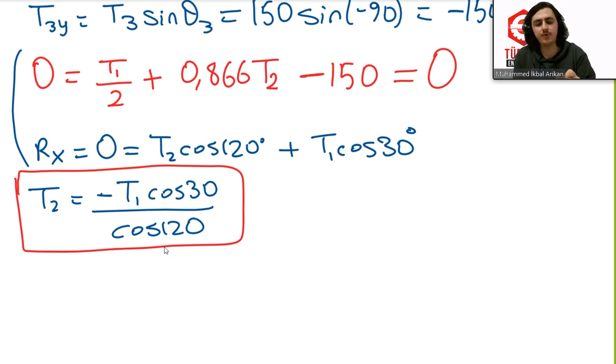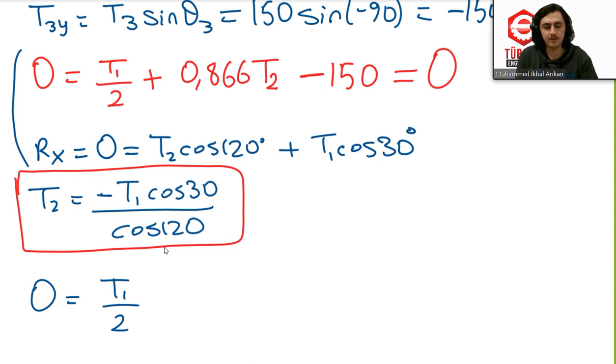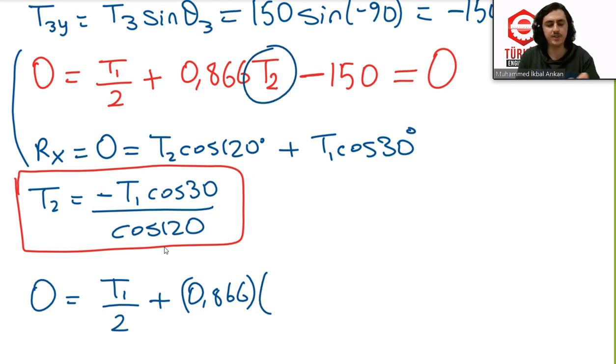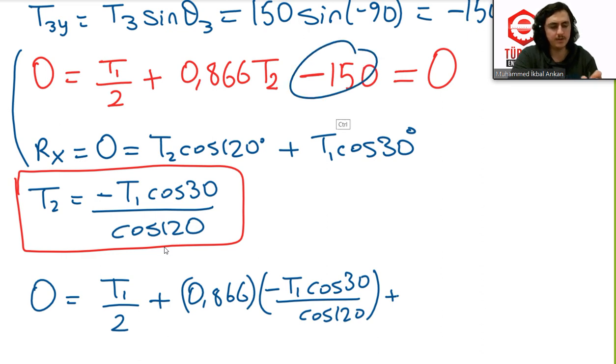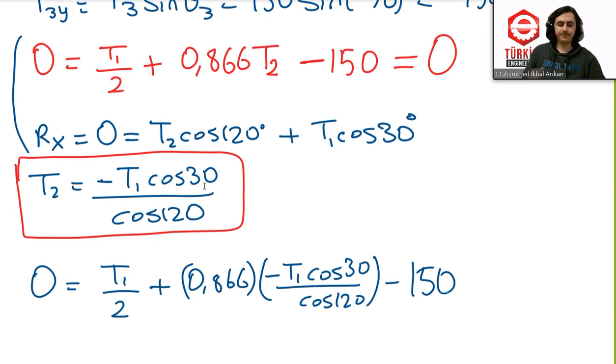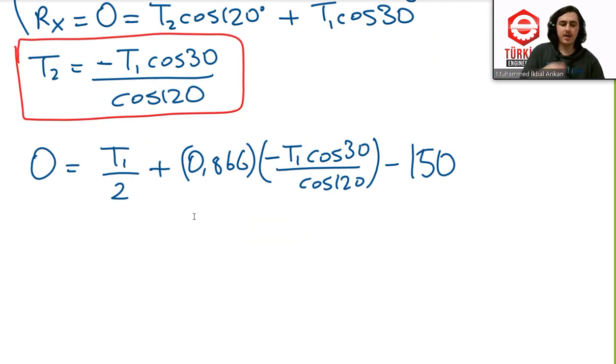So in the second equation, when I see T2, I will put the other one. So 0 will be equal to T1 divided by 2 plus 0.866 multiplied by T2, which is equal to this one, right? So minus T1 cosine 30 divided by cosine 120 plus, minus this one. So I have only one unknown here.